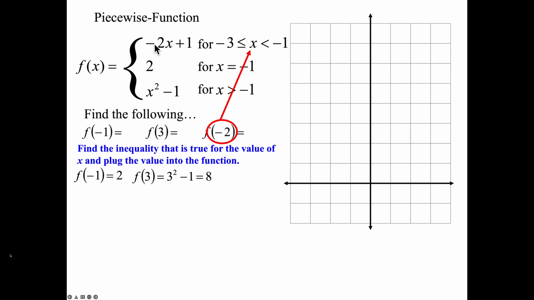Okay? So for negative 2, we're going to put a negative 2 in for that x. So negative 2 times negative 2 is going to be 4. Plus 1 is 5. Again, recall the definition of a function. Since you have function notation, for every x, there will be exactly one y coordinate for each answer.